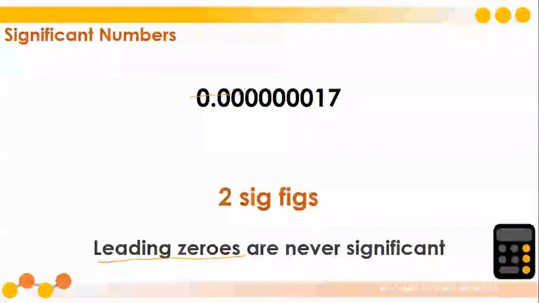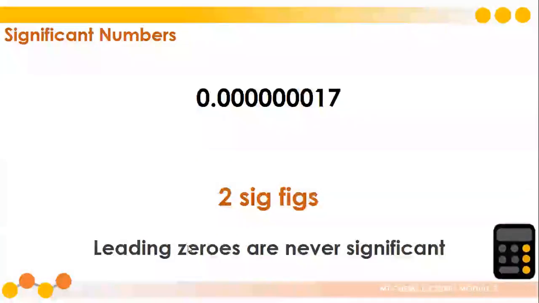So we have a lot of leading zeros here. The only significant ones are this number 1 and 7. So we only have two significant figures in this one. Remember, leading zeros are never significant. Any zero that is in front of a number is not significant.